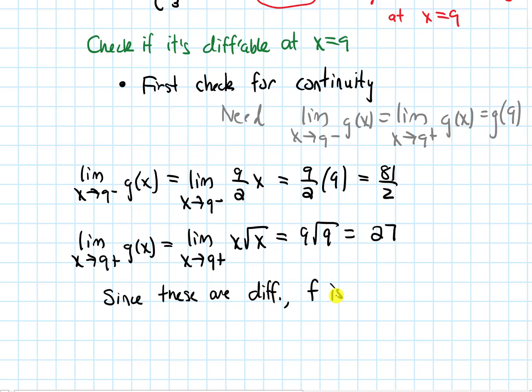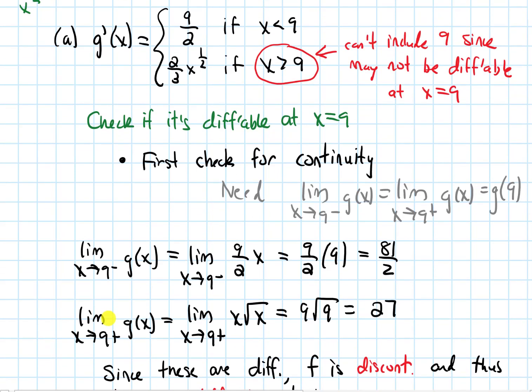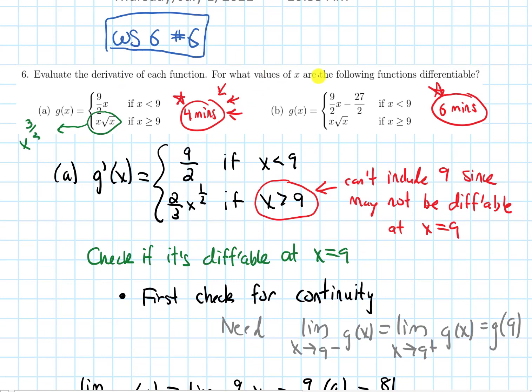So since these are different, f is discontinuous. And if it's discontinuous, and thus it's not differentiable, it is not differentiable at x equals 9. So the answer for what values of x is this function differentiable?